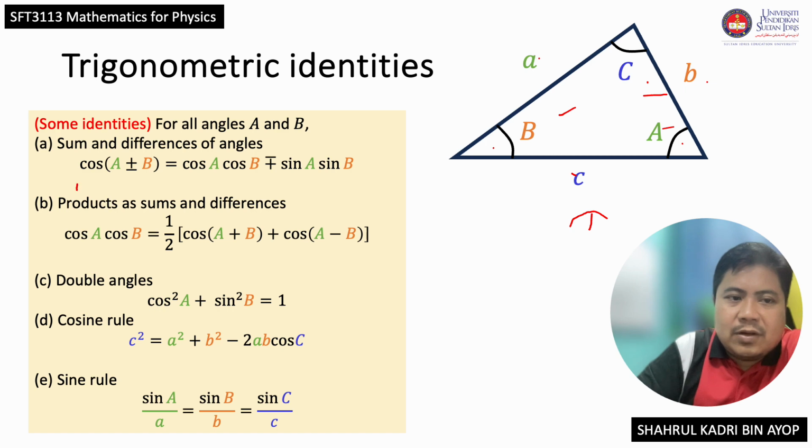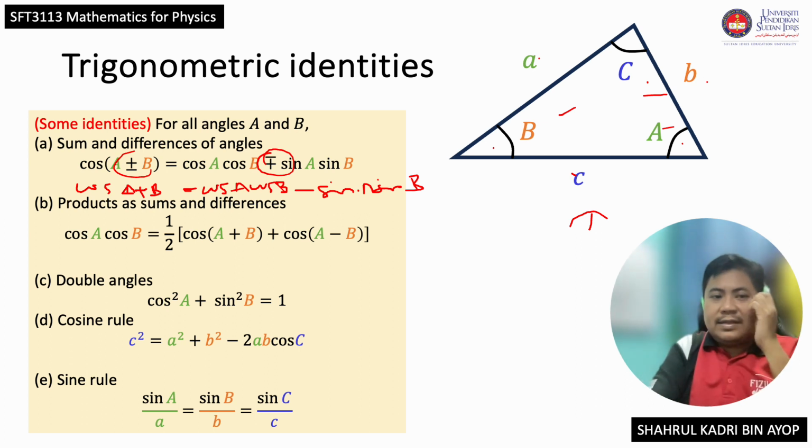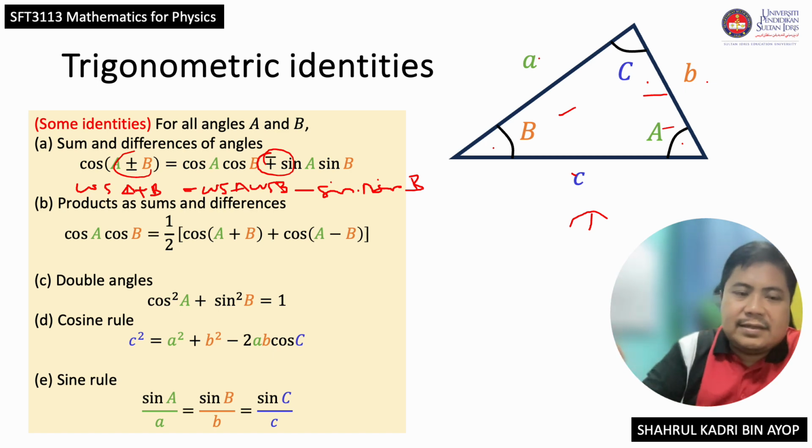For example, cos(A plus B) is equal to cos A cos B, and because this is a plus, you have to use minus sin A sin B. So you have to take care of this: if you have a positive on the left side, you have to have a negative on the right side.